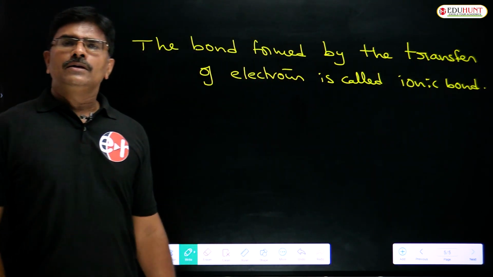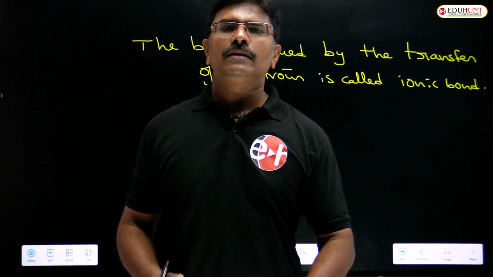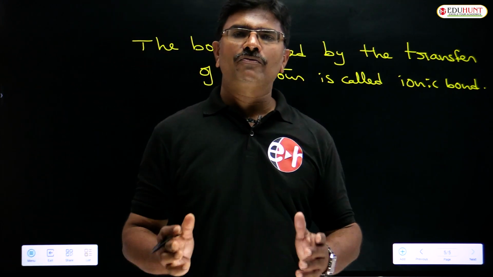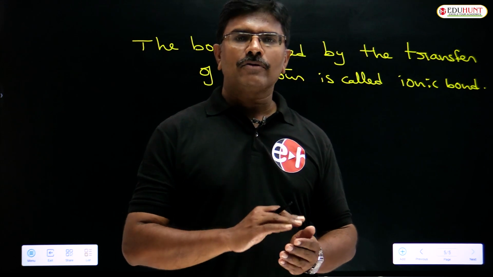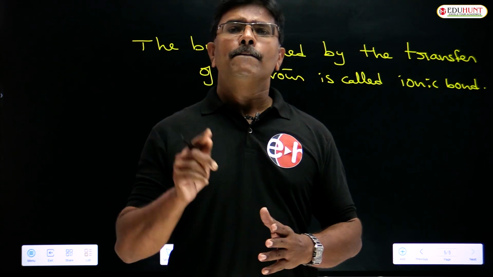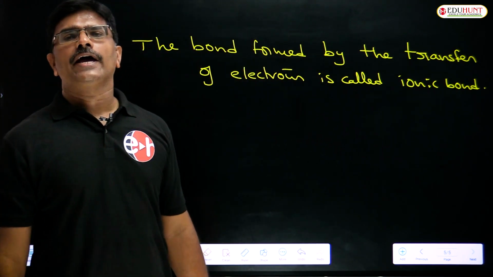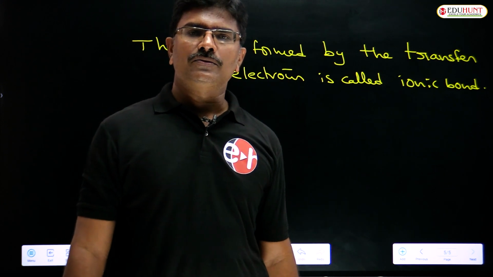Simple. In this statement we are saying the bond formed by the transfer of electrons. From one particular atom to another atom, electrons get transferred, because of which an ionic bond is forming. That is the other way of expressing the ionic bond, dear students.